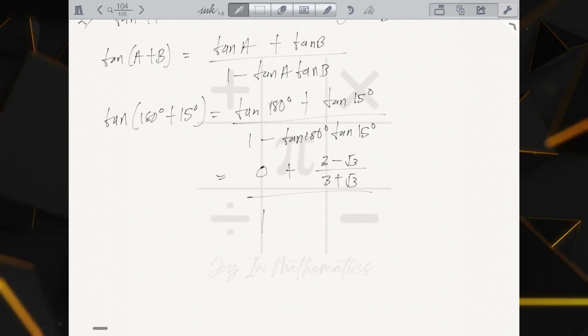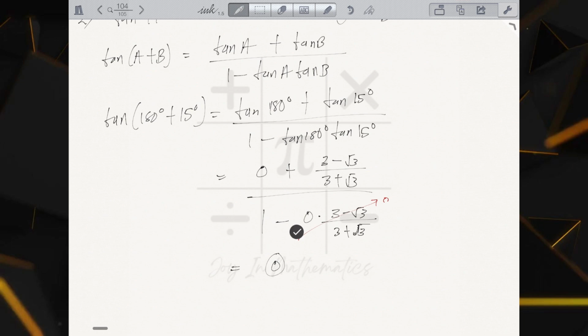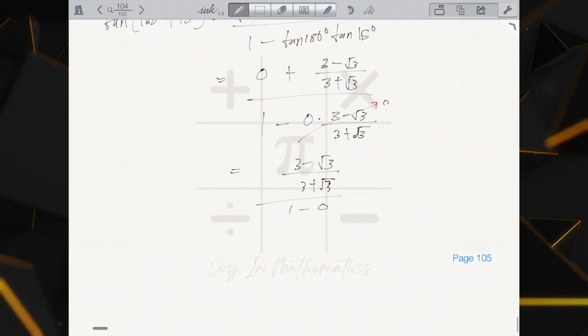Moving on, the denominator will be 1 minus 0 multiplied by 3 minus root 3 divided by 3 plus root 3. So in view of this, anything multiplied by 0 will give 0. So the numerator is 0 plus 3 minus root 3 divided by 3 plus root 3, all divided by 1 minus 0, which is 1.